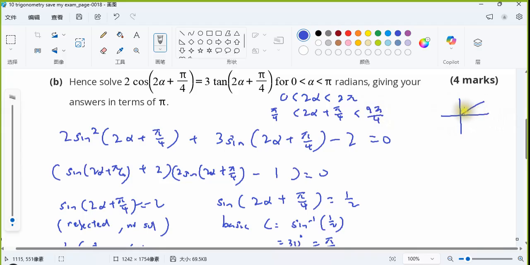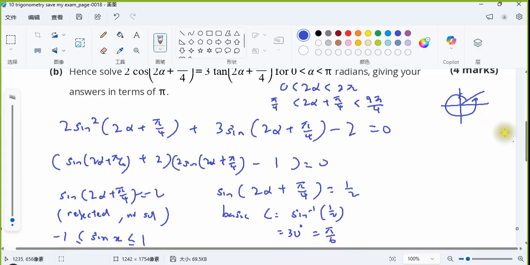So pi over 4, 9 pi over 4. Then we have the pi over 6 here, and the pi over 6 is here.